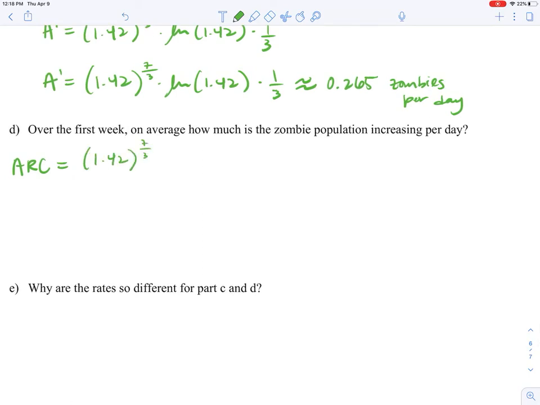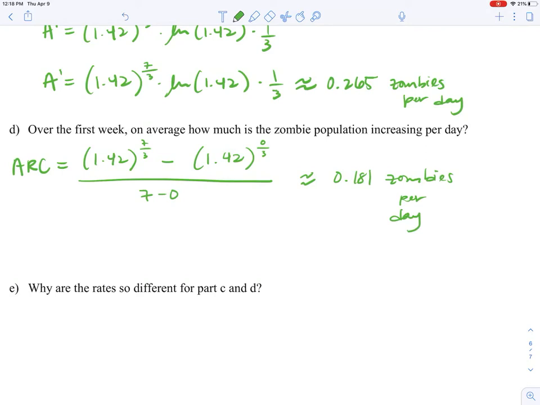So the zombie population after 7 days would be 1.42 to the 7/3 power minus the initial amount, which is just 1, but I can plug 0 in for T. And then 7 minus 0. If I type that in, I get 0.181 zombies per day.